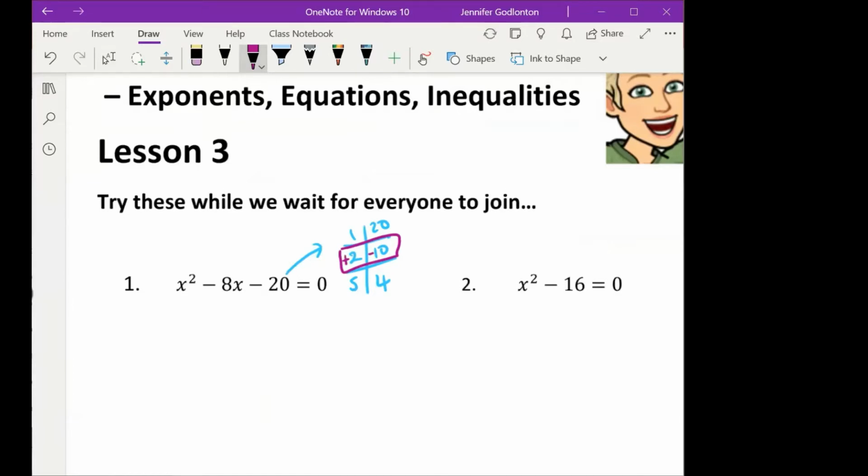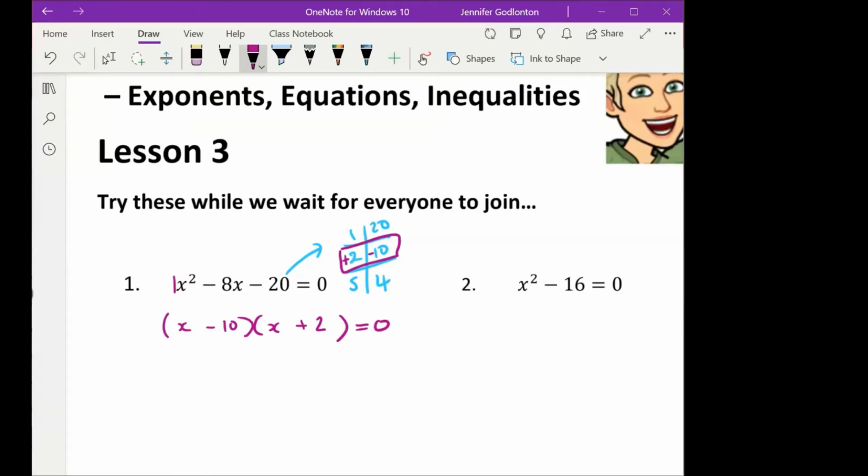We can do this the crisscross way, the way that we've learned with our grade 10 trinomials. But remember, when the coefficient of that first term is 1, we want to make our life as easy as possible. So we're going to have our x, and that's going to be equal to 0. We've got our -10 from our factor pair, and our +2. Lots of people got to this point.